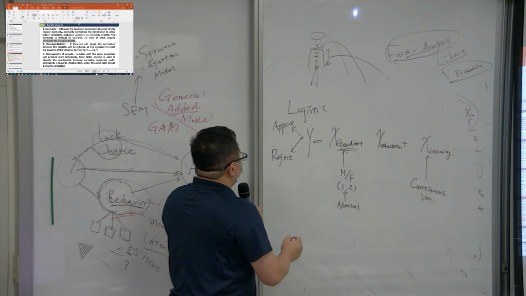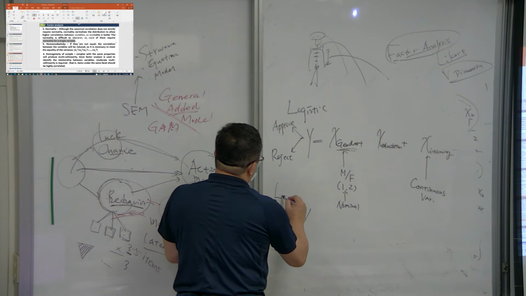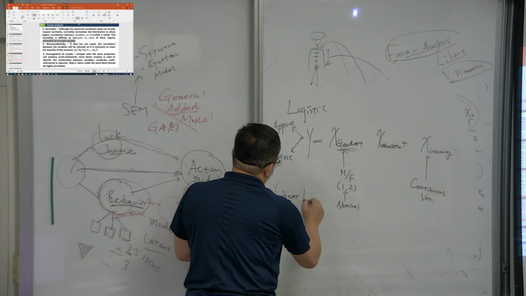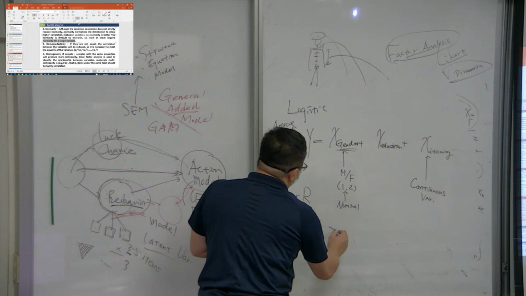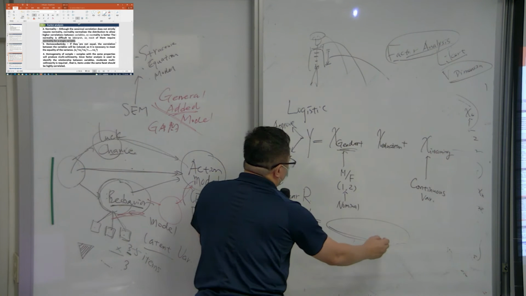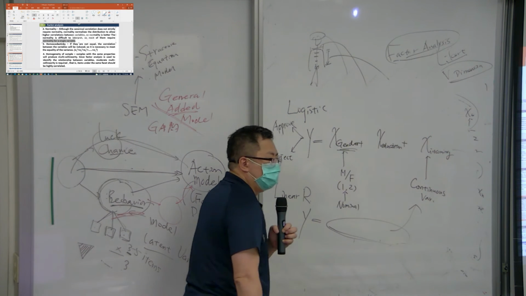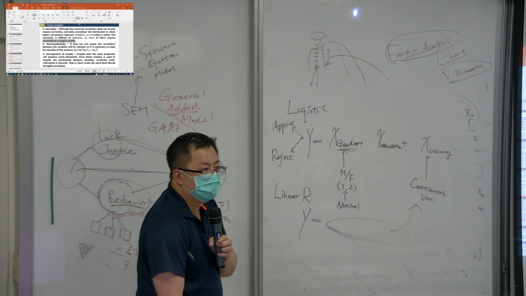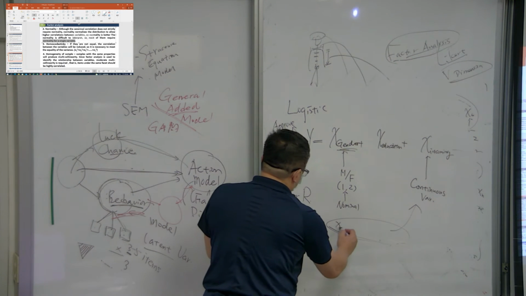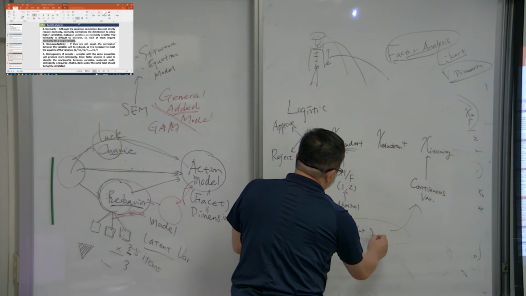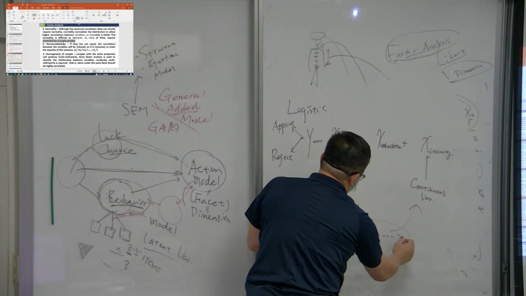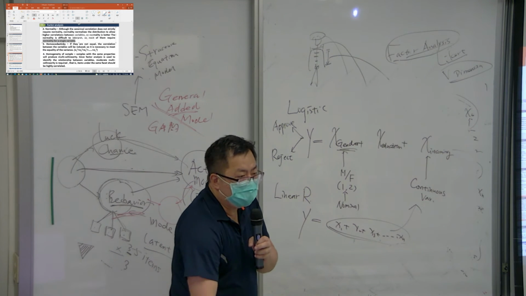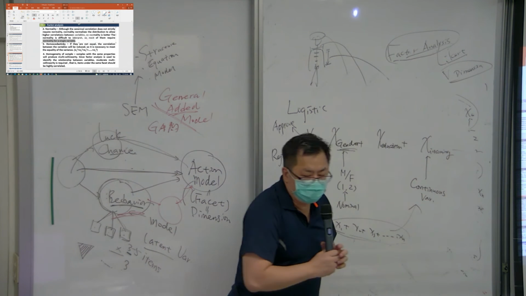But for linear regression, almost all of these should be continuous variables. Understand? Almost. They should be continuous, okay? Why? Because they need to be normal.